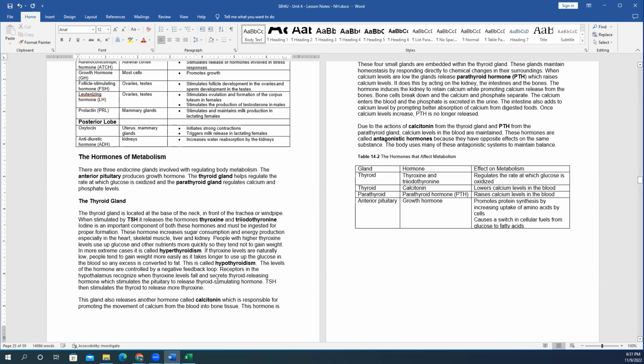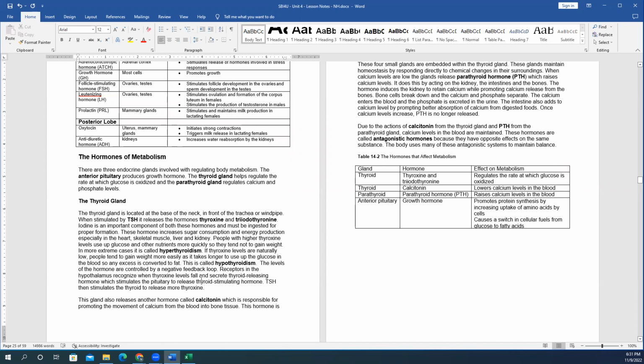And so in this case, those receptors in the hypothalamus, and you remember the hypothalamus is located just above the pituitary, those receptors have a recognition site for this hormone thyroxine. And so those receptors can recognize when these thyroxine levels have fallen low.